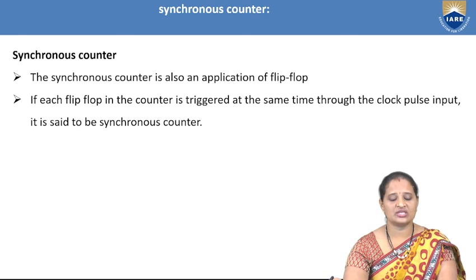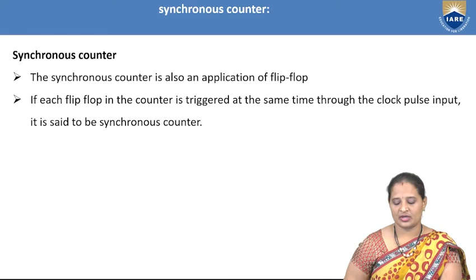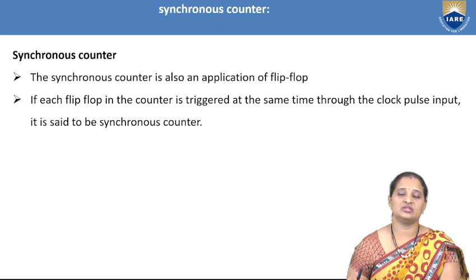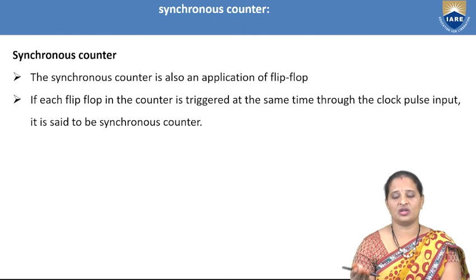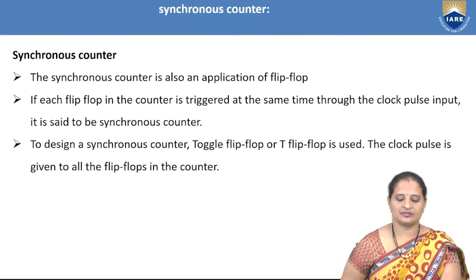Or else we can say that each flip-flop of the counter is triggered at the same time through the clock pulse input, and it is said to be a synchronous counter. That means all the flip-flops change their state with the same clock pulse, and we call it a synchronous counter.